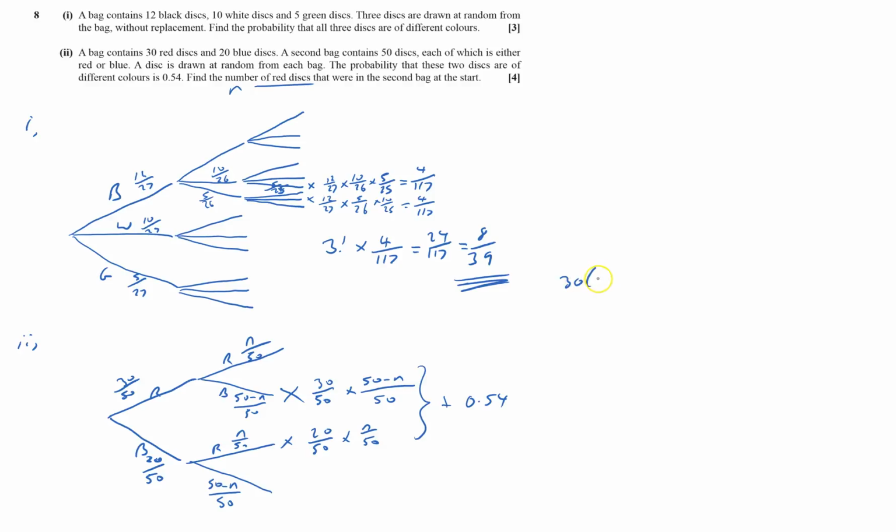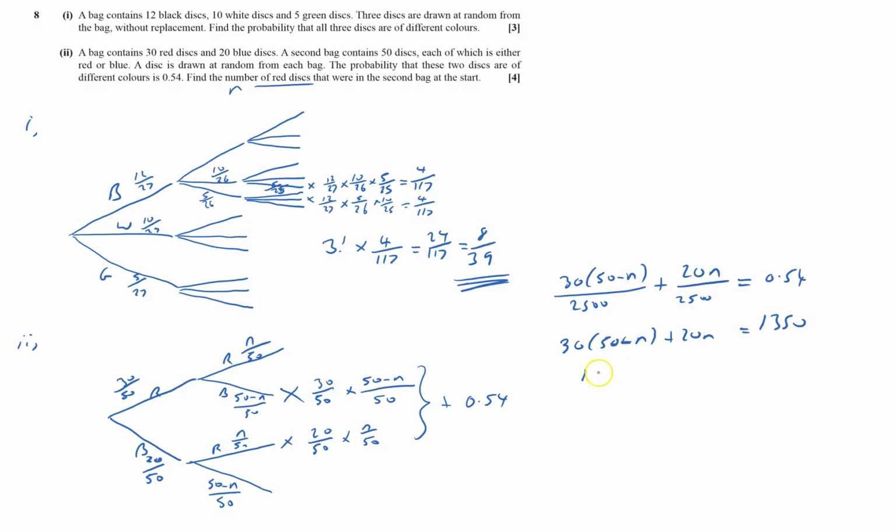So add them together, I'll do it up here to give myself a bit of room. That'll be 30 lots of 50 minus N over 2,500, plus that'll be 20N over 2500, and that will equal 0.54, times both sides by 2500. 30 lots of 50 minus N plus the 20N equals 1350.